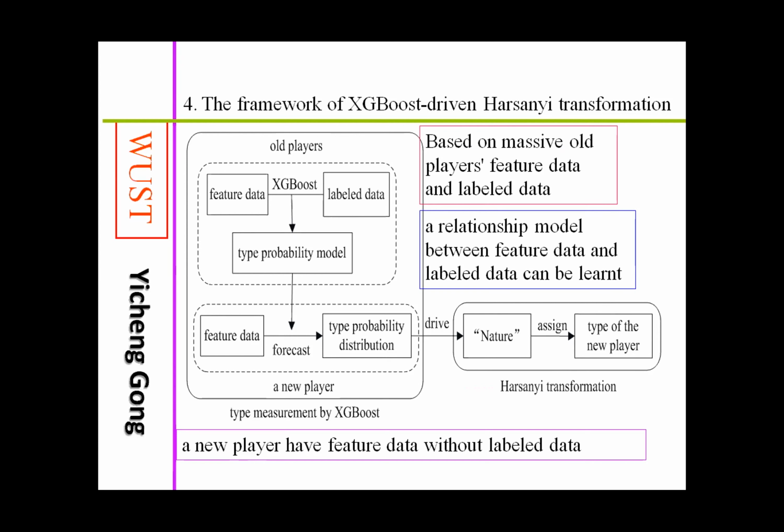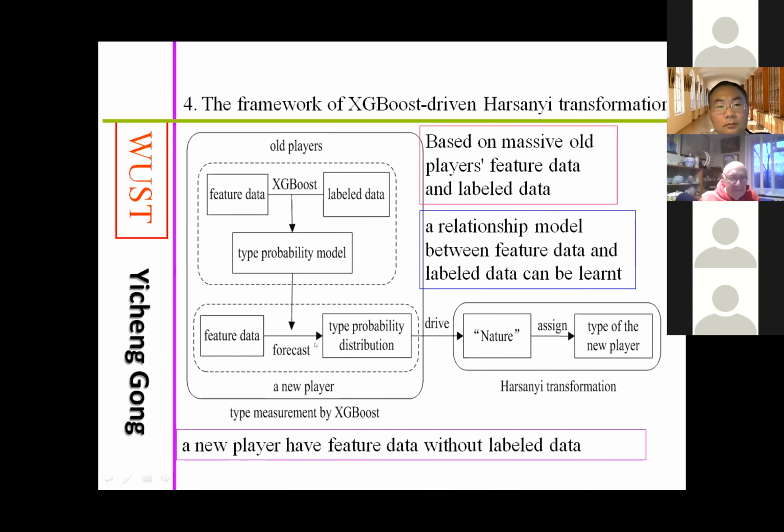We don't know the label. So this is a problem to predict. Now we use the learned type probability model by XGBoost to forecast the new player's type.